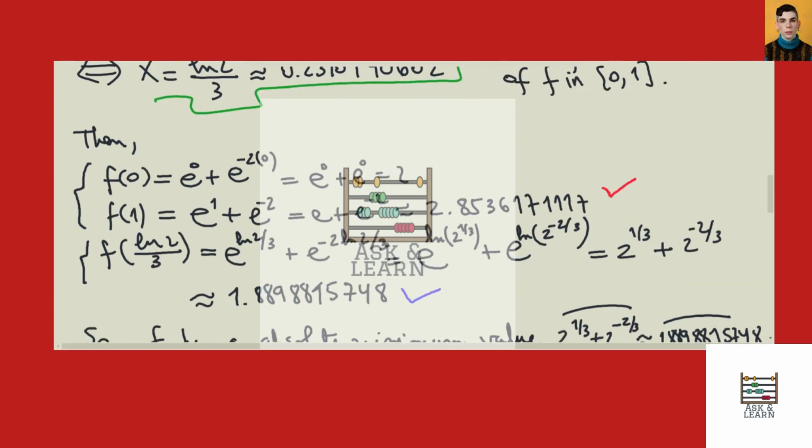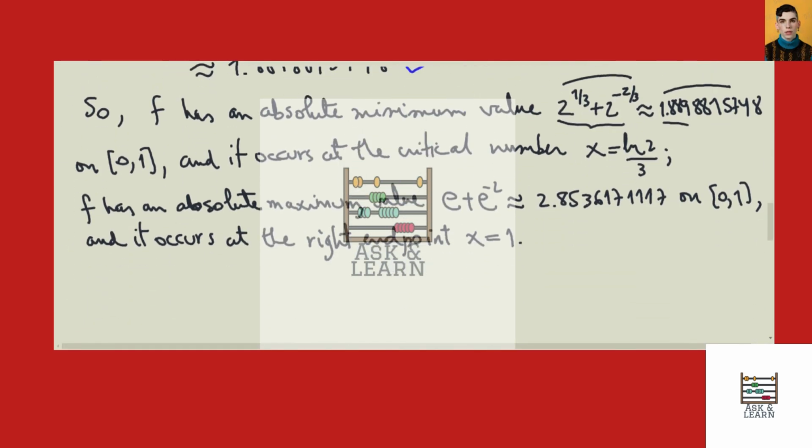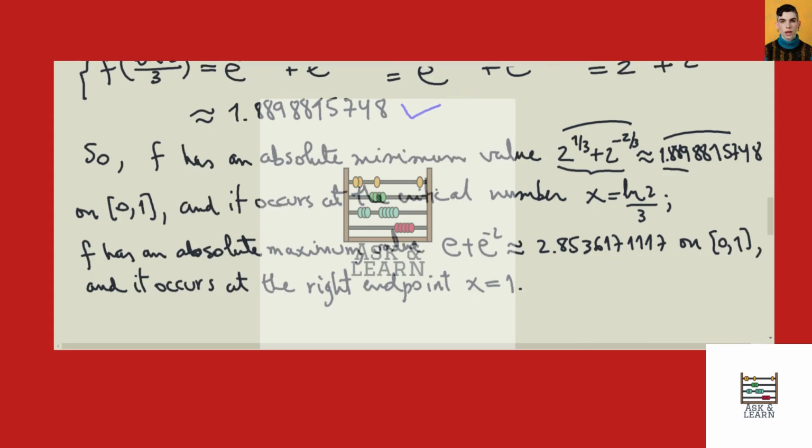So it's in accordance to what we did in part A, but here we have the exact values, that is the absolute minimum and the absolute maximum in a closed mathematical form. 2 to the 1/3 plus 2 to the negative 2/3 for the absolute minimum value, and e plus e to the negative 2 for the absolute maximum value.